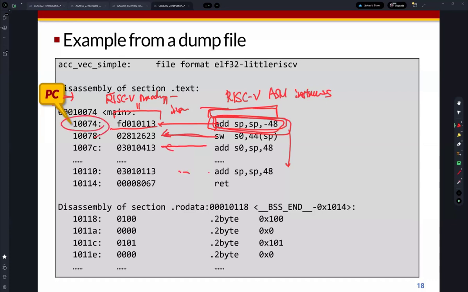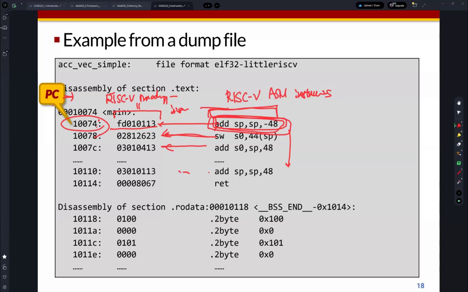Then what is this? You can find other hexadecimal numbers, and these numbers represent the program counter. It means the address of instructions.